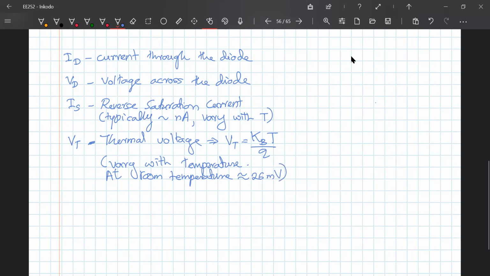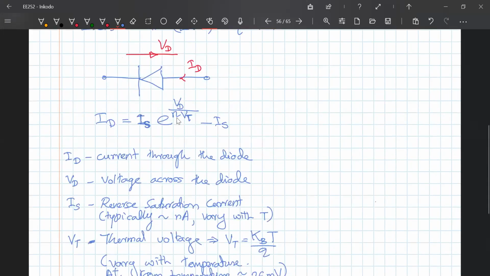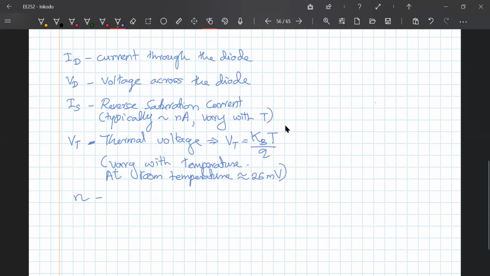Okay, so we consider it as a constant. And n in this equation is basically a non-ideality factor. If things are ideal, n is equal to 1, but practically things are not ideal, so n is between 1 and 2.